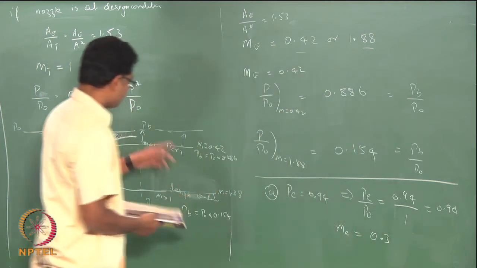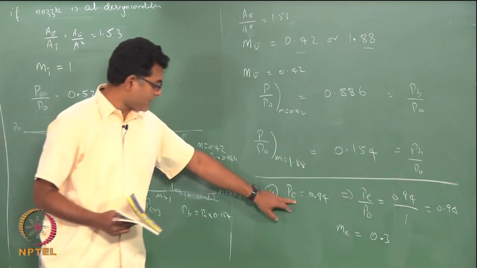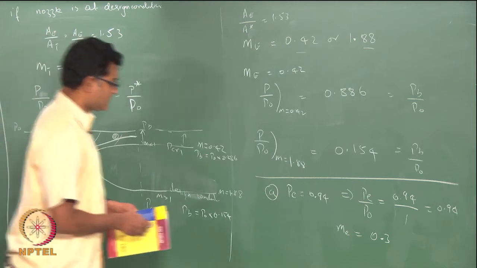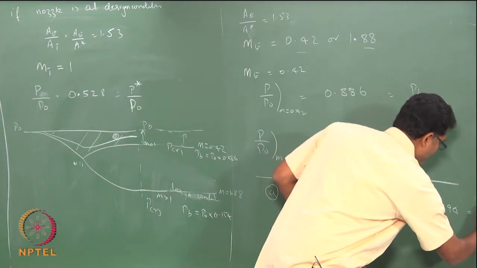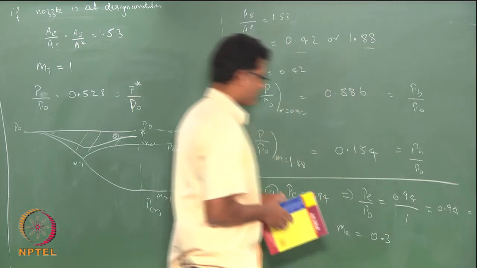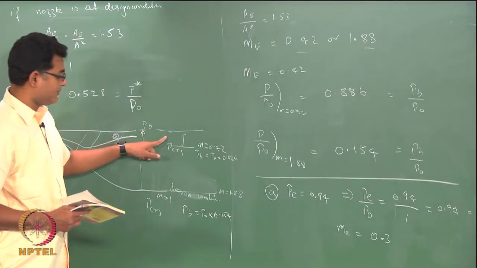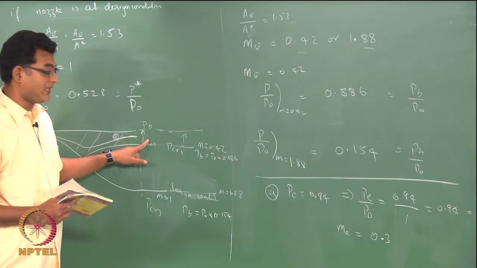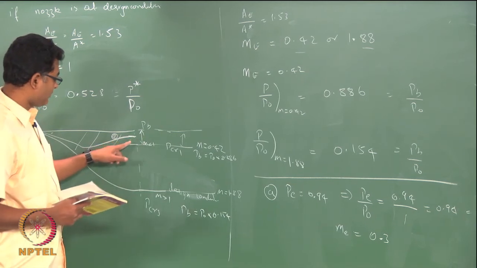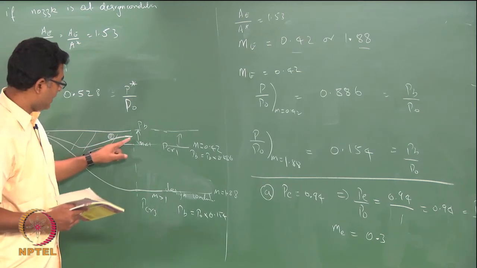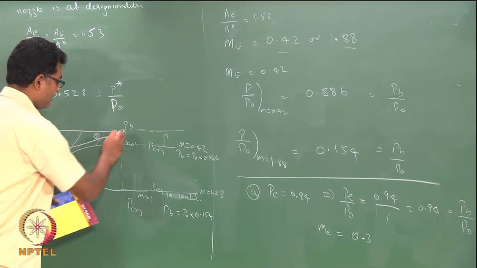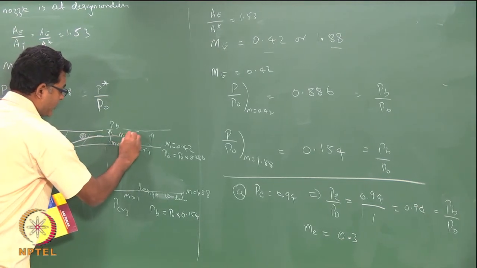So, my exit Mach number for this particular back pressure is 0.3.